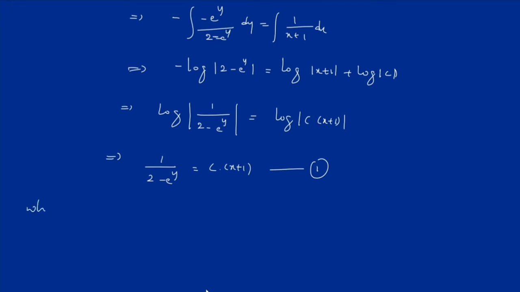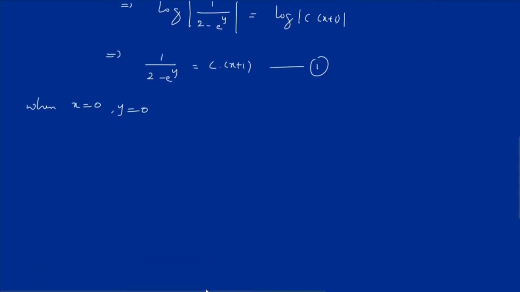Now when x equals 0, y equals 0. So we can substitute: 1 upon 2 minus e to the power of 0, since the y value is 0, equals c into 0 plus 1, as the x value is also 0. This implies c equals 1 upon 2 minus 1, since e to the power of 0 is 1.